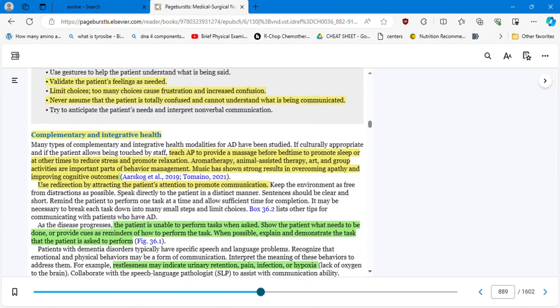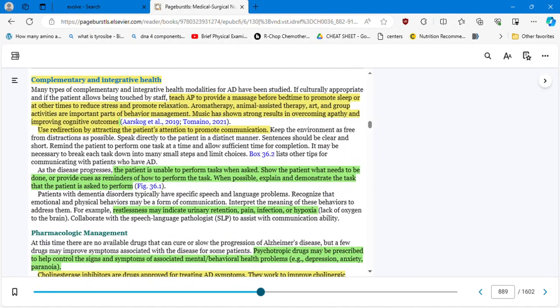Complementary and integrative health. Teach the assistant provider, who's the AP, to provide massage before bedtime to promote sleep, or at other times to reduce stress and promote relaxation.